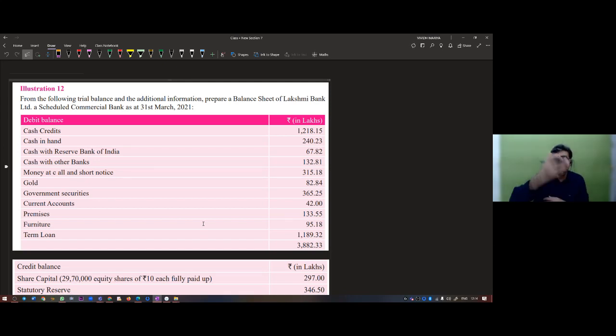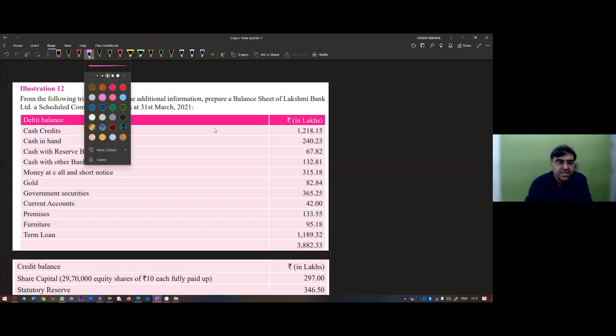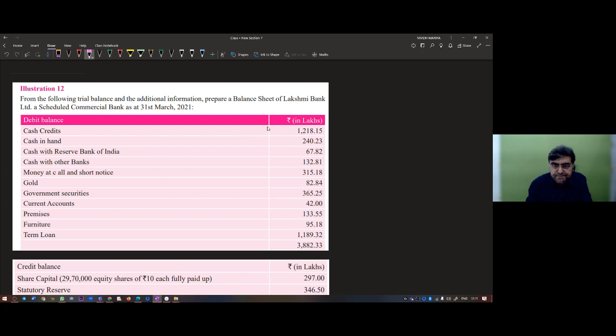Cash credit, bank overdraft. These are liabilities for the customer of the bank, but these are advances for the bank. Assets, Schedule 9. Cash in hand 6. Reserve bank 6. Other bank 7. Gold investments 8.